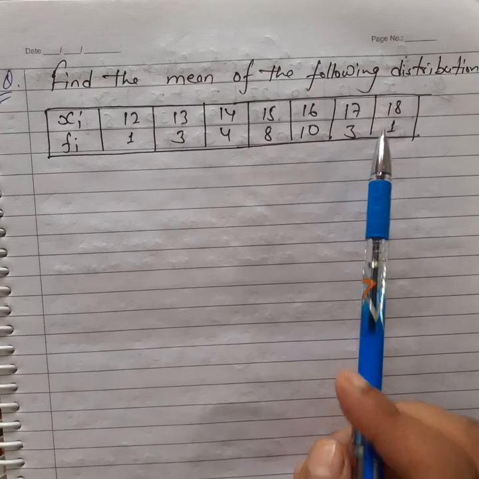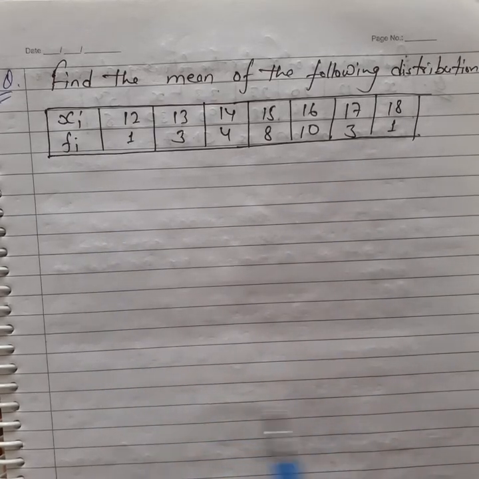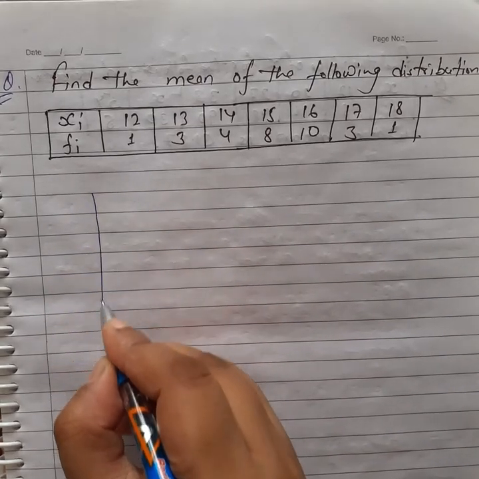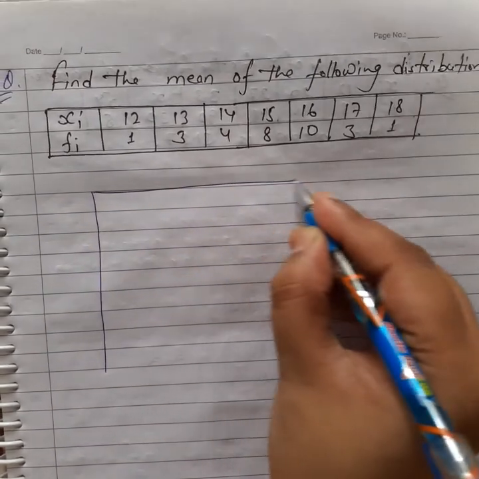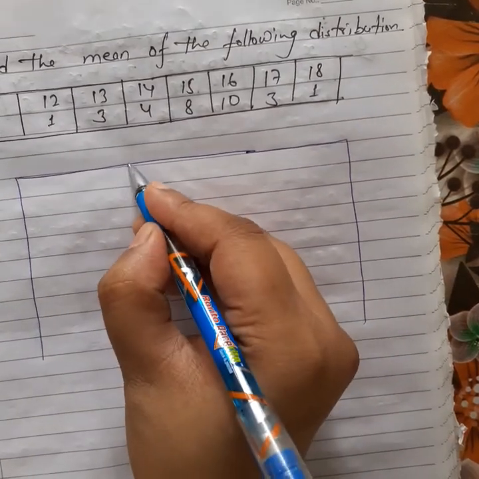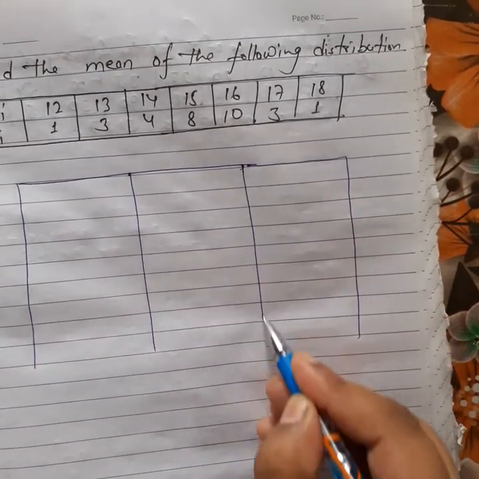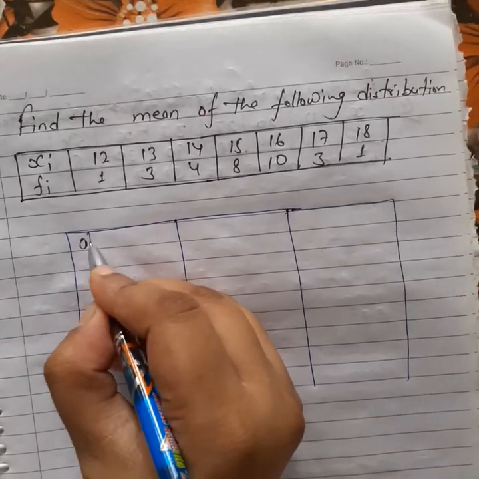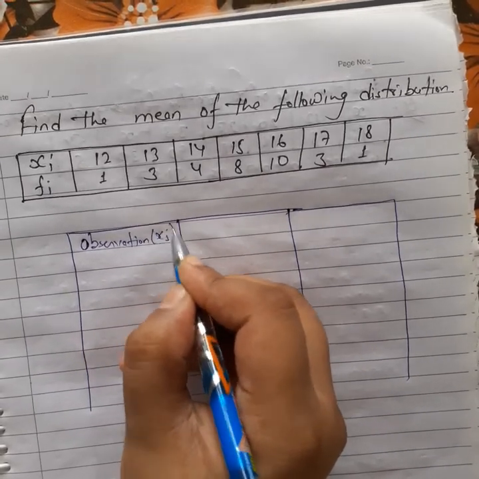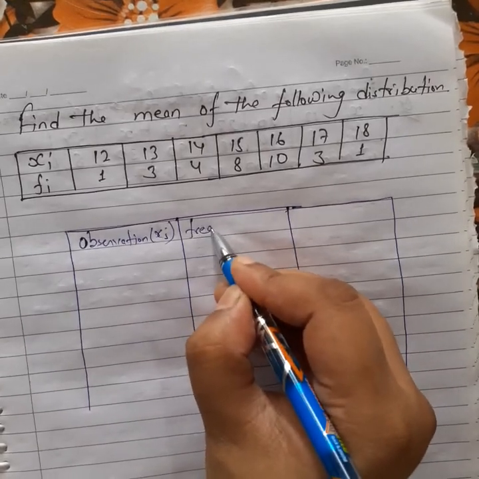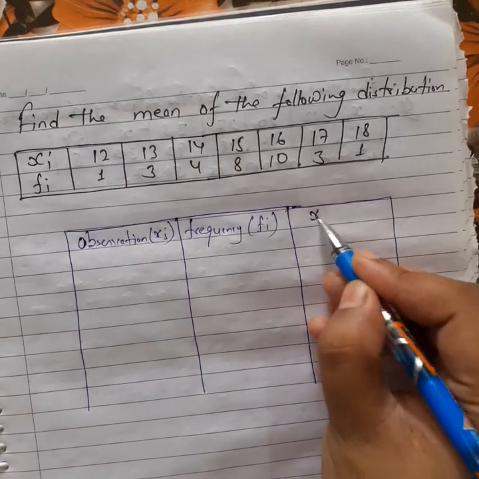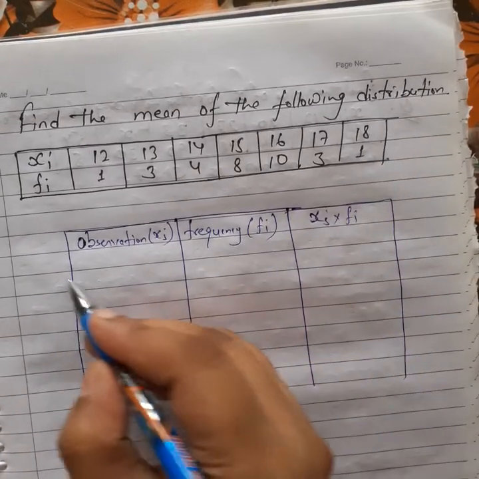Before finding the mean, what do we have to do? We have to make a table. The first column is for observation or xi, the second column is for frequency fi, and the third is for xi into fi.